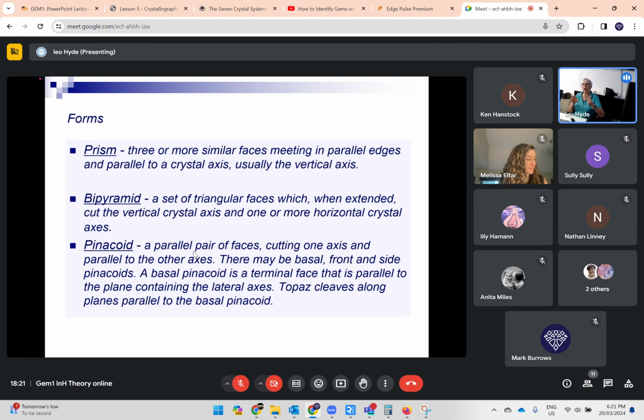Then the next 3 that I like are the owls: tetragonal, hexagonal, trigonal. Then we have the others, which are orthorhombic, monoclinic, triclinic. If you break it down to bits, it's not so hard.